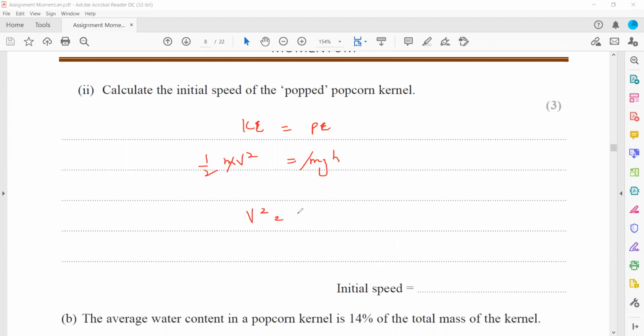So v squared is equal to 2gh. We need v, so it will be the square root of 2gh. So 2 multiplied by 9.8 multiplied by 0.034 in a root, we get the speed at which this popped kernel moves, the initial speed. That will come out as 0.82 meters per second.